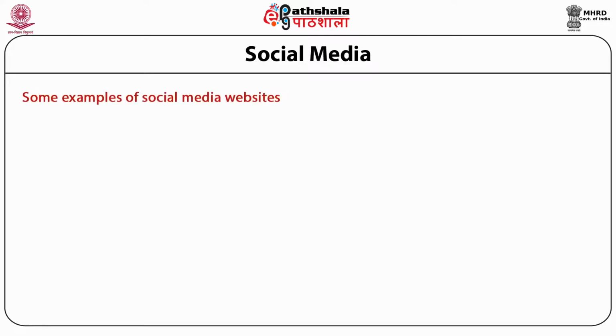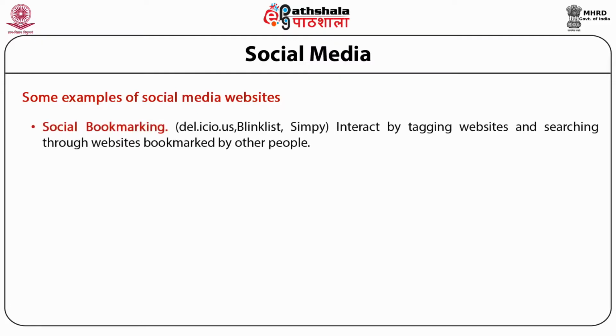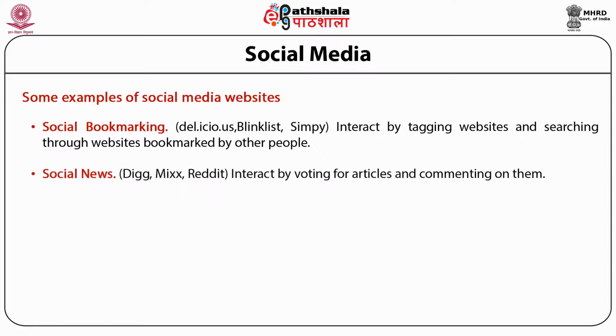Some examples of social media websites are, firstly, social bookmarking. Here we can interact by tagging websites and searching through websites bookmarked by other people. Examples are Simpy, Blinkist, etc. Social news: we can interact by voting for articles and commenting on them.